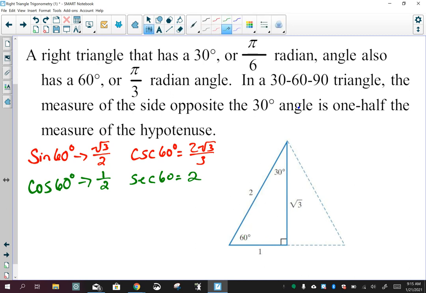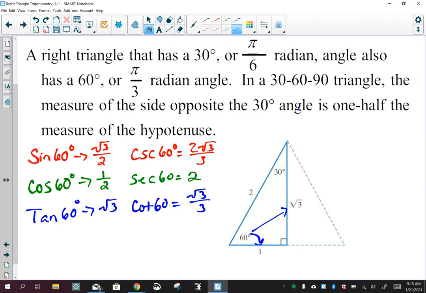And then you have your tangent of 60 degrees, which is opposite over adjacent. So it's going to be the square root of 3, which means that your cotangent is going to be the reciprocal of that. Remember, you cannot have a radical in the denominator, so it's going to wind up being root 3 over 3.